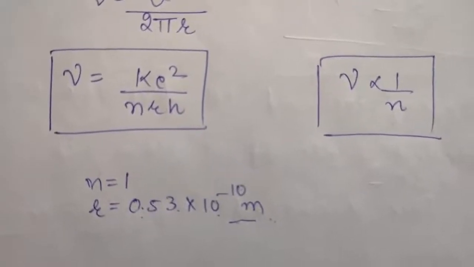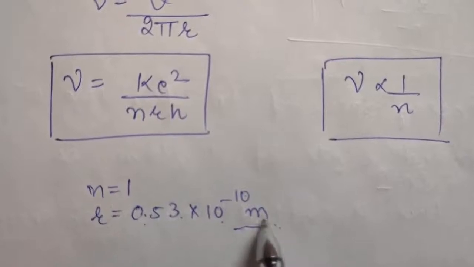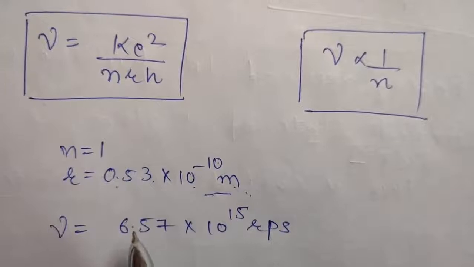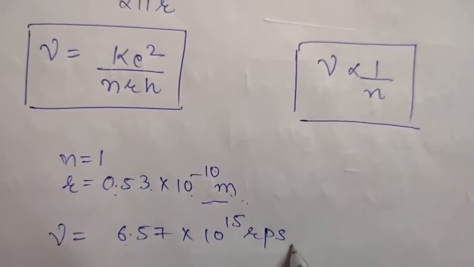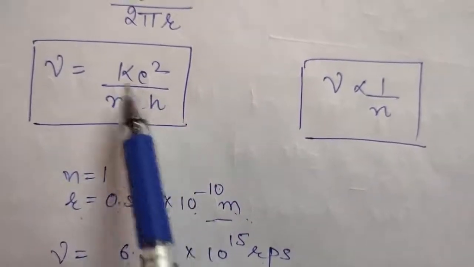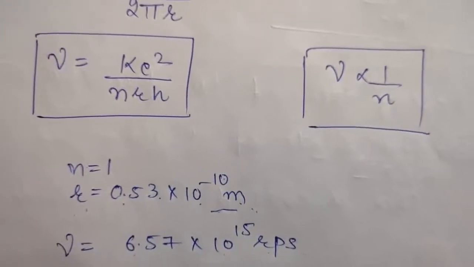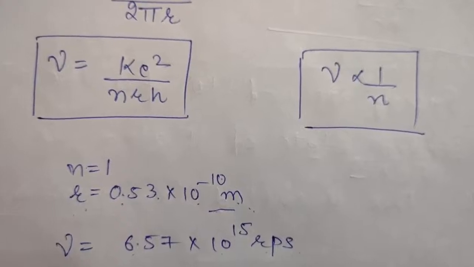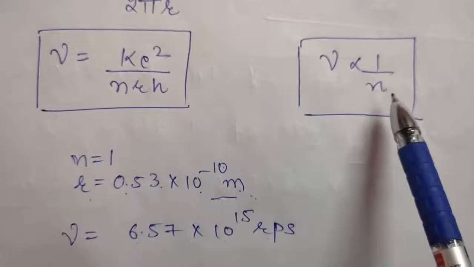Now if you put n equal to 1 and r equal to this much, the value of frequency will come to be 6.57 into 10 to the power 15 revolutions per second, because you know all the values of n, r, h, k, e. So as you go further in the stationary orbits, the frequency will become smaller, because from here you can see nu is inversely proportional to n.